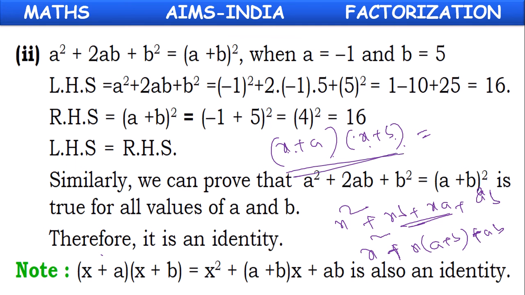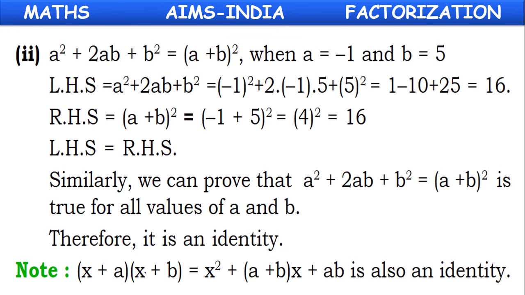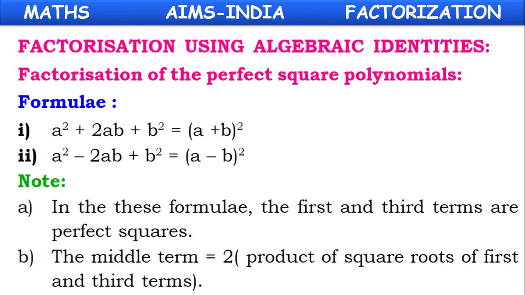The product of these two equals these two. If you write it in the form of an equation, this also will be an identity. Like this, we can form identities.